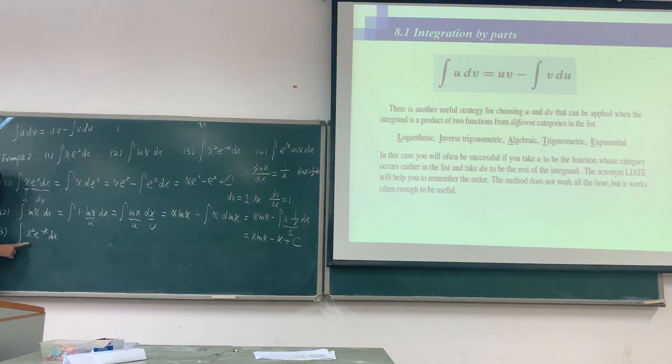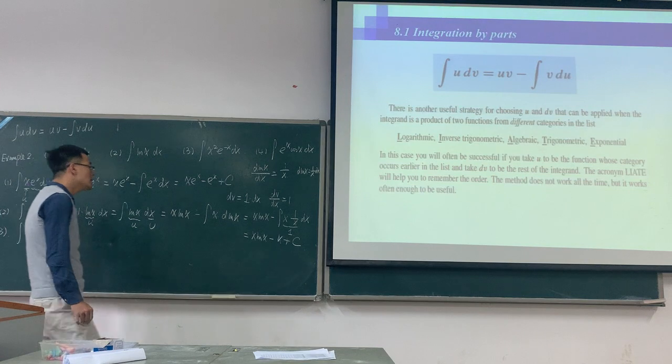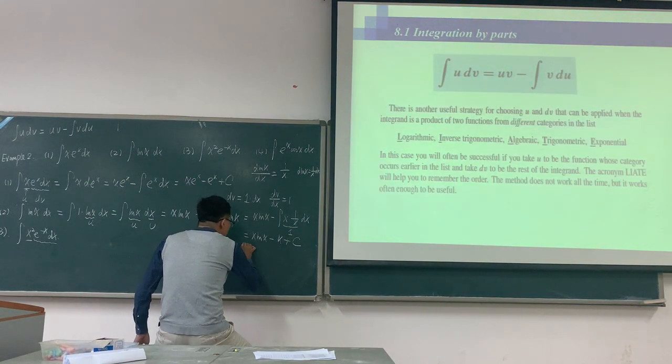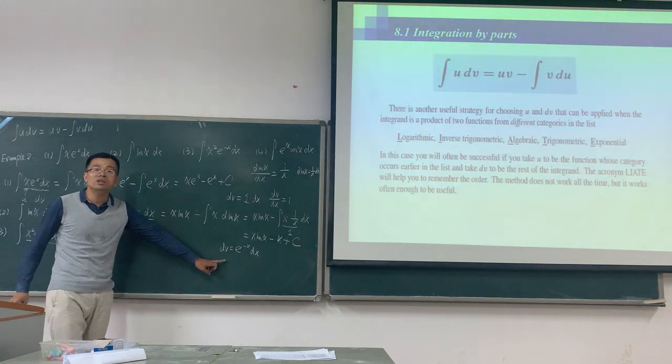So we choose u as x squared. So this part u is x squared, and this part e^(-x) dx is dv. So dv equals e^(-x) dx, and we need to find v.